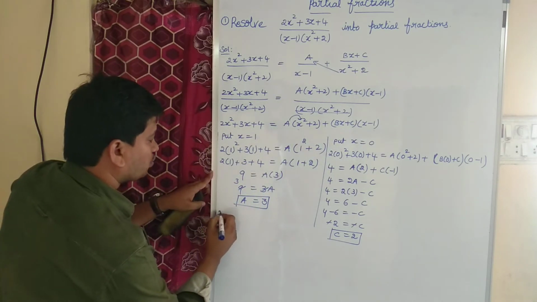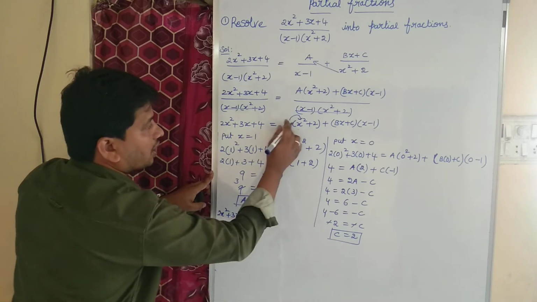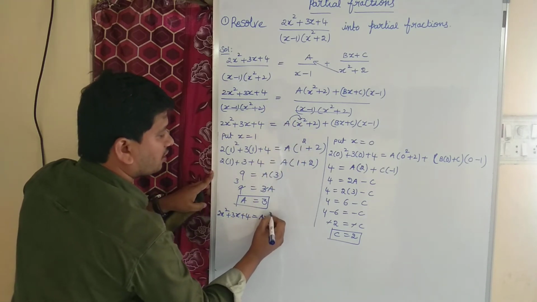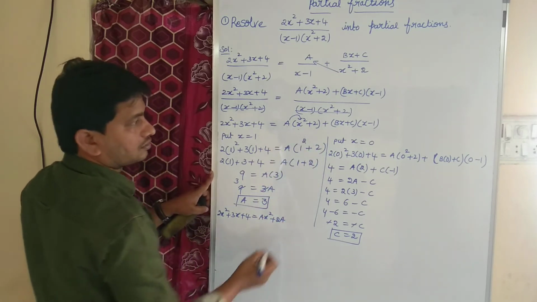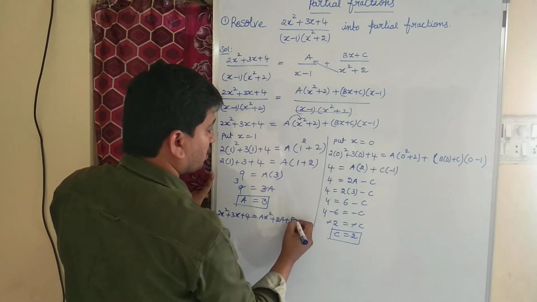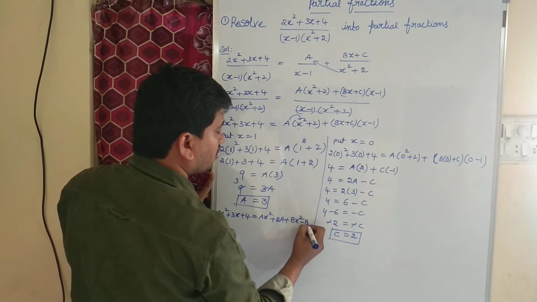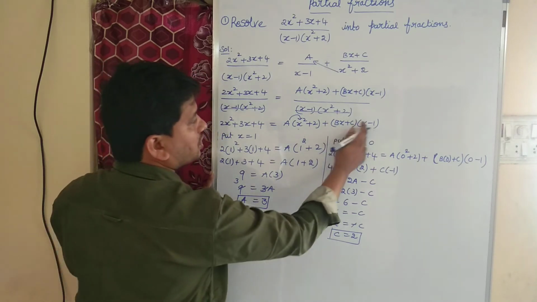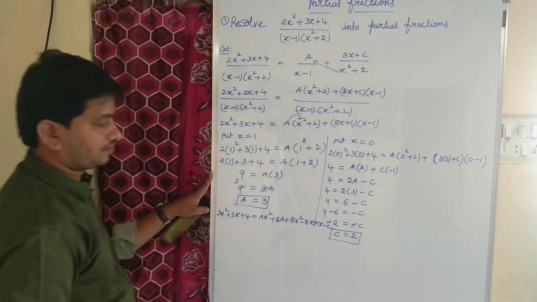So I can write 2x square plus 3x plus 4 equal to a into x square, ax square, plus a into 2, 2a, plus bx into x, bx square, minus bx into 1, bx. Now c into x, cx, minus c into 1, c.